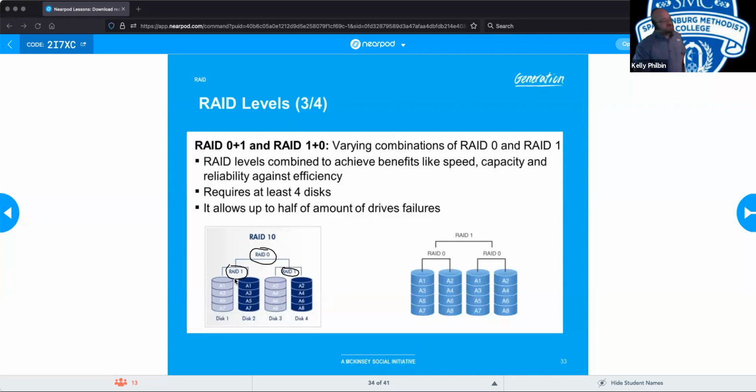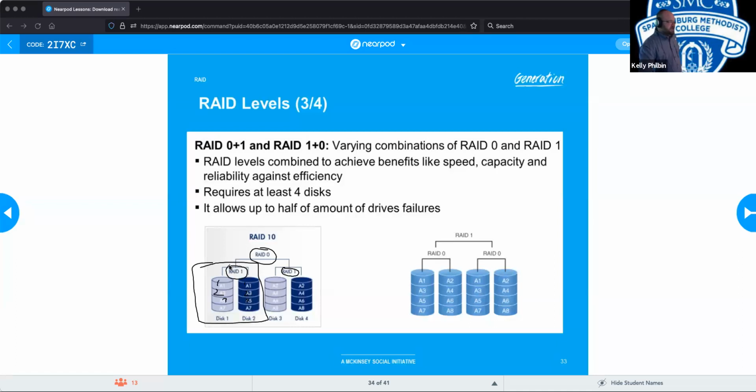So if you look at it, we have a RAID 1 array right here. RAID 1 is mirroring. So you have bit 1 here, bit 1 here, bit 2 here, bit 2 here, bit 3 here, bit 3 here. They mirror each other.